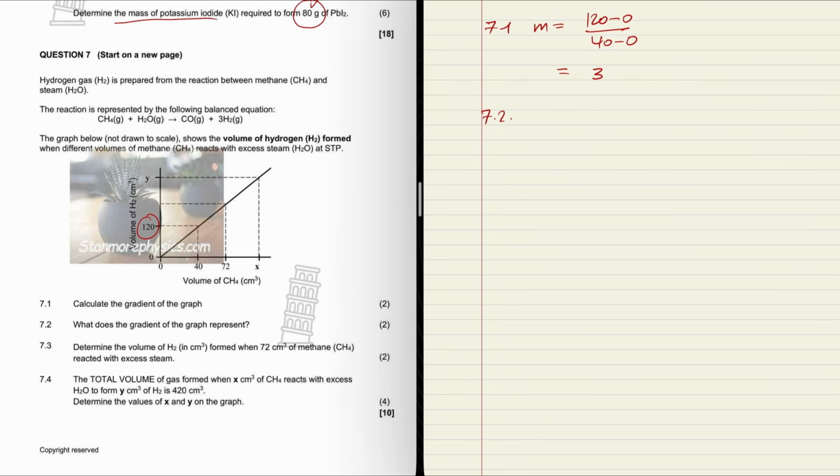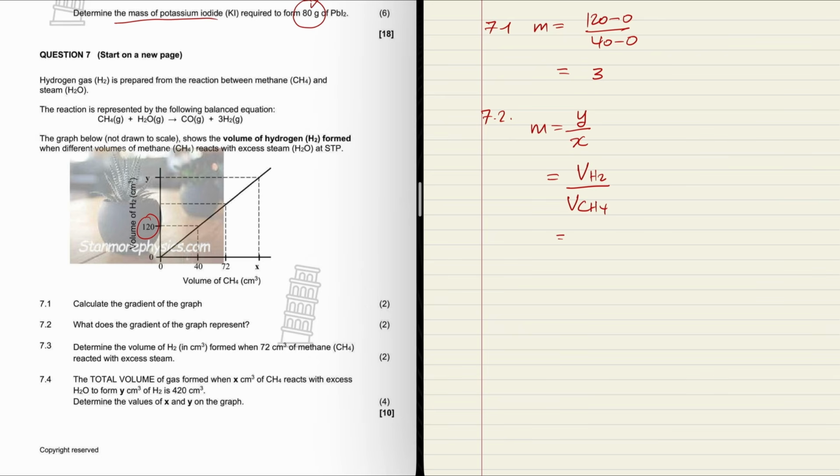Question 7.2, what does the gradient of the graph represent? So if we want to work it out, the gradient is equal to whatever is on the y-axis divided by whatever is on the x-axis. So the y-axis is essentially the volume of H2, so it's going to be V of H2 divided by V of CH4.